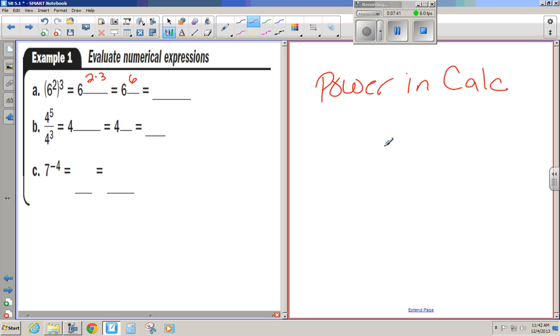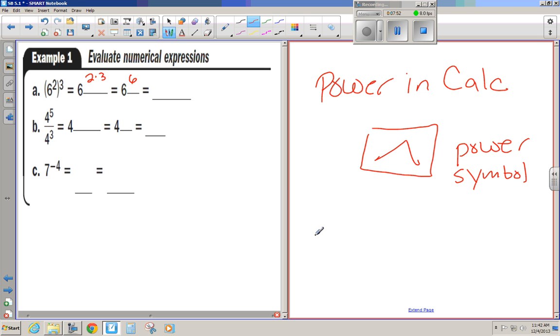Hopefully, you know that this little symbol on your calculator is the power symbol. It means that 6 to the 6th is 6 to the power of 6. And you get 46656.